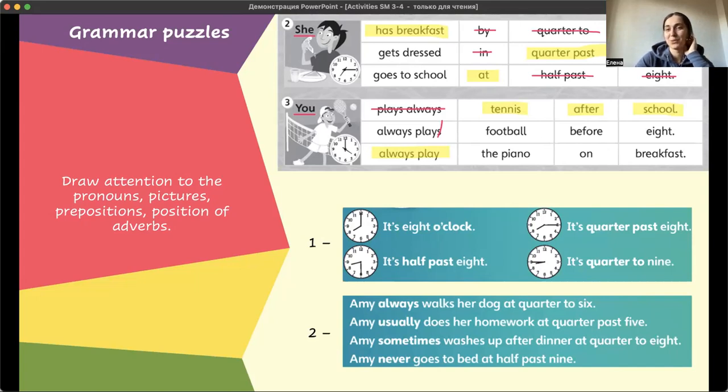So here we can have 2 variants. And also you maybe should underline or circle the pronoun and ask them, do we need S in a verb? For example, you always plays or you always play.